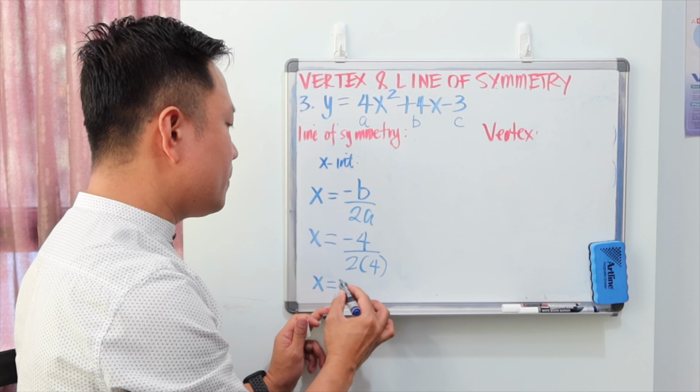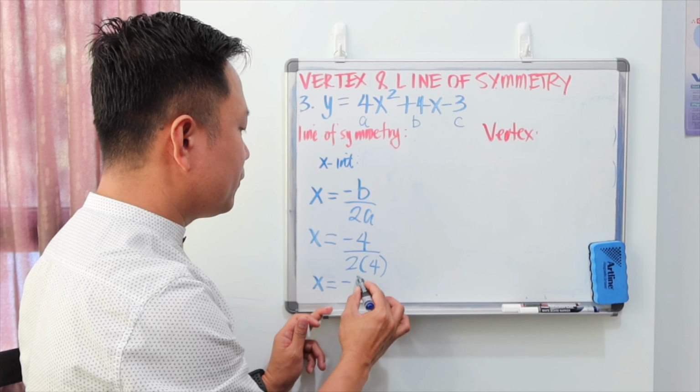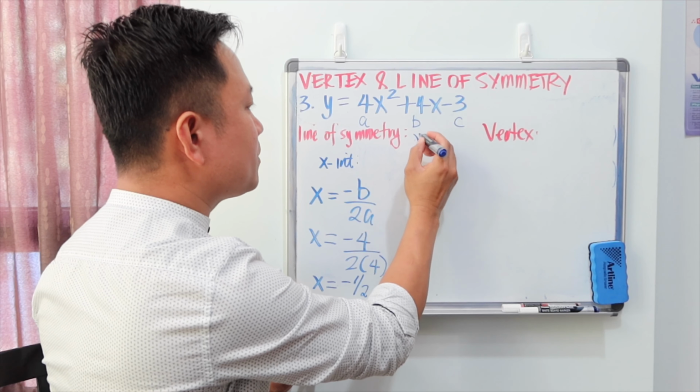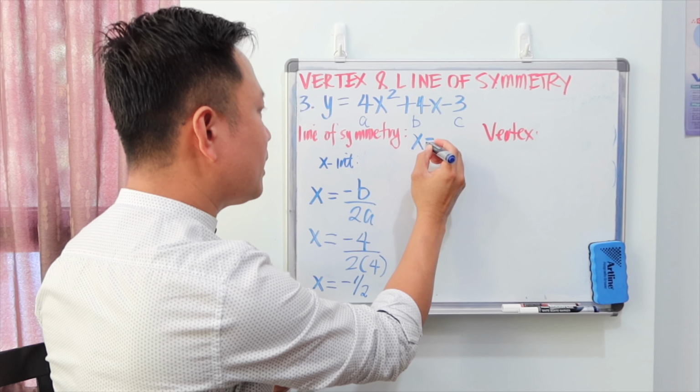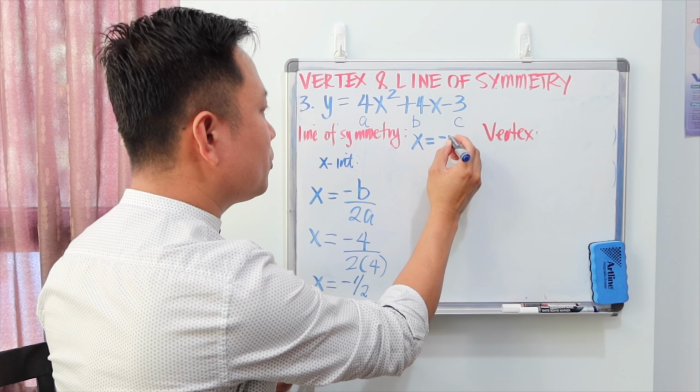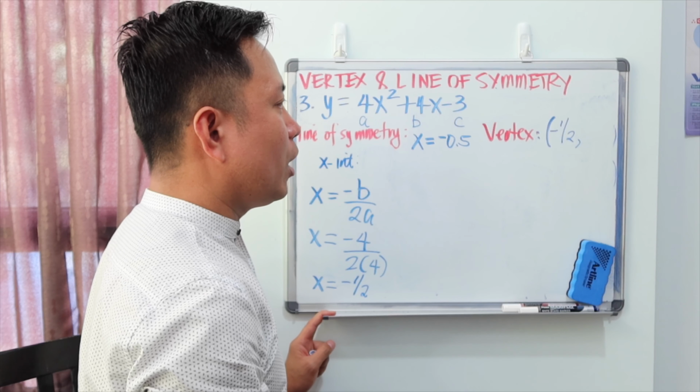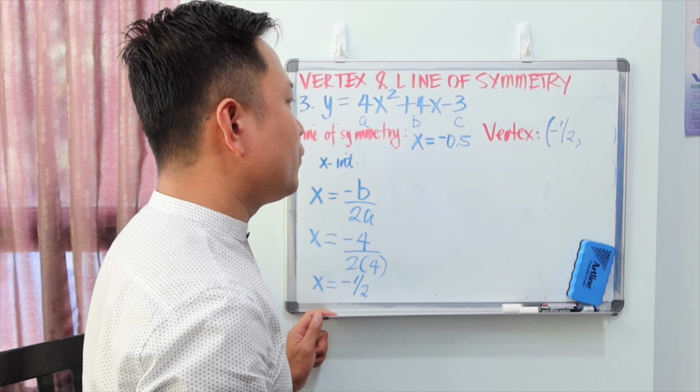In simplest form, it's negative 1/2, or negative 0.5. So that means the line of symmetry will be a vertical line at x is equal to negative 0.5. So the x-coordinate of our vertex is negative 1/2.